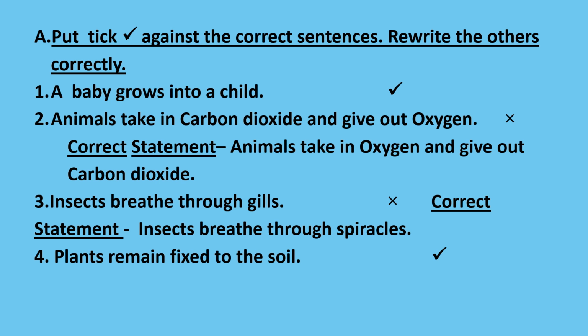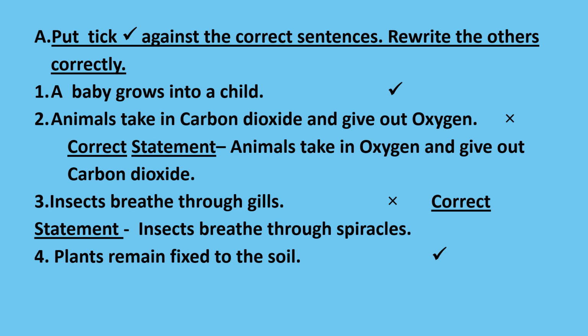Second is, animals take in carbon dioxide and give out oxygen. Children, this statement is wrong. As we know, all living things breathe, and animals take in oxygen. They used to inhale oxygen and give out carbon dioxide.